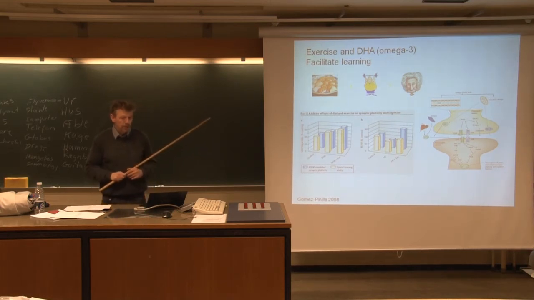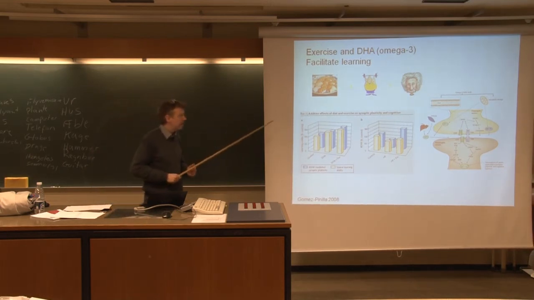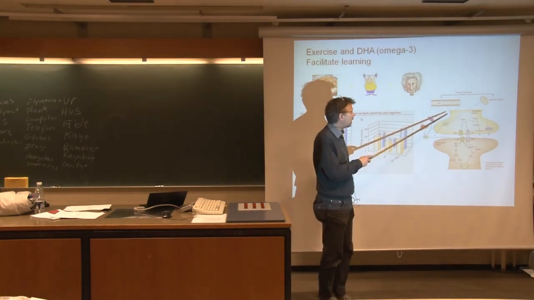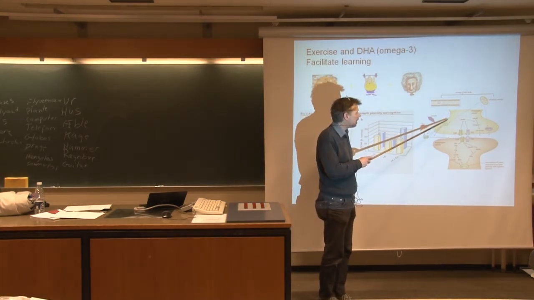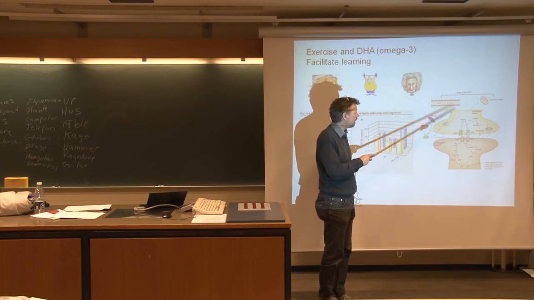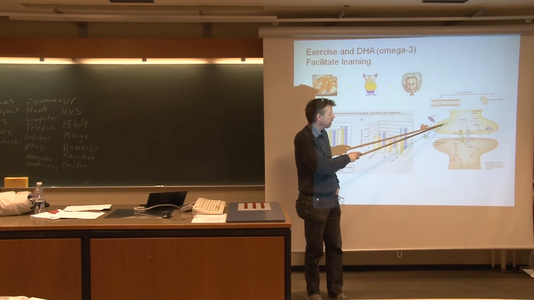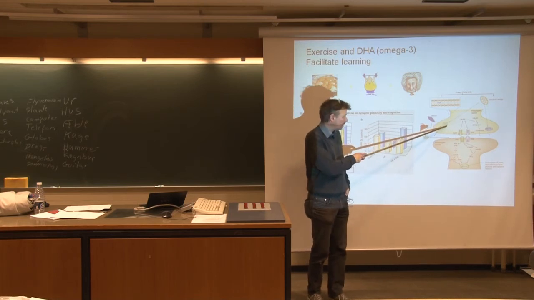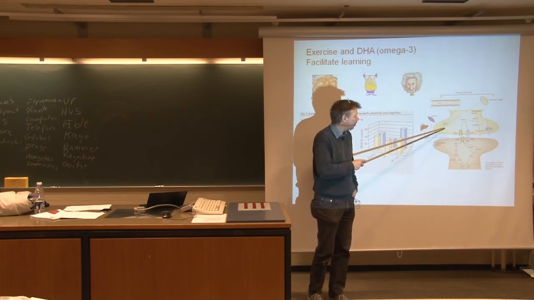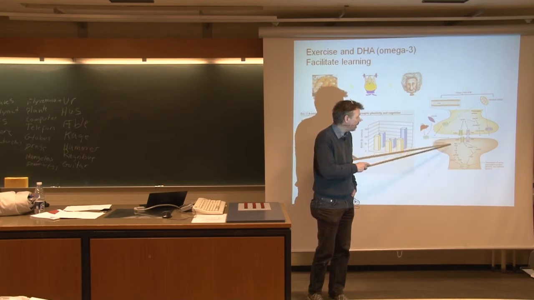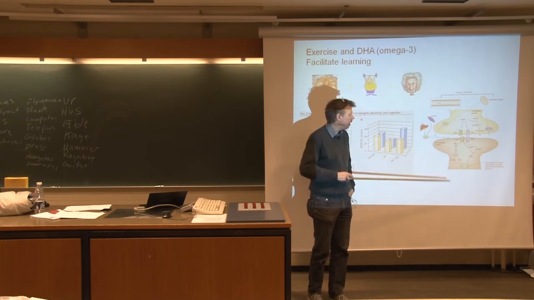In this case, we also know what the mechanisms are. It turns out that DHA stimulates very much the same pathways as exercise. So again, BDNF and other factors like insulin-like growth factor 1 are involved in signaling the changes that take place in these spines.